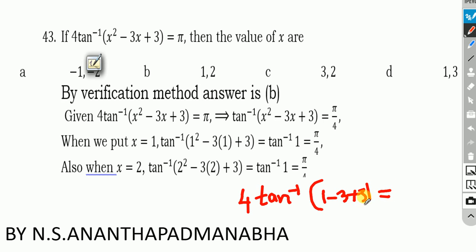Tan inverse of 1 is pi by 4. 4 cancels and you will get pi. So you will get the right hand side pi when you put x is equal to 1 here.